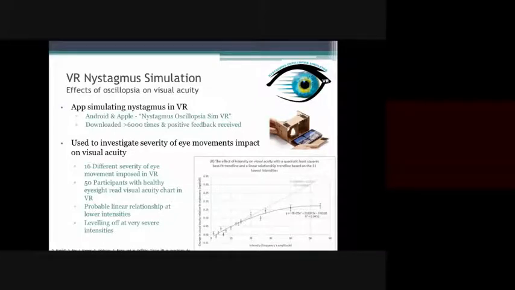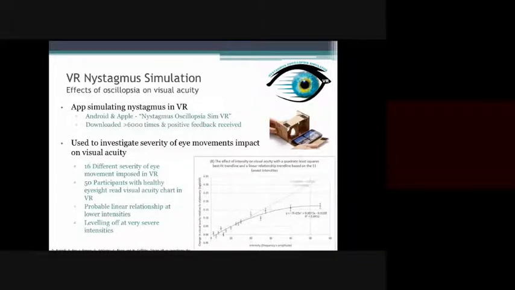The app changes the display shown to the person based on the nystagmus waveform, and it shows the world moving. That world moving symptom is not something all people with nystagmus experience, but a proportion do, and it's called oscillopsia.